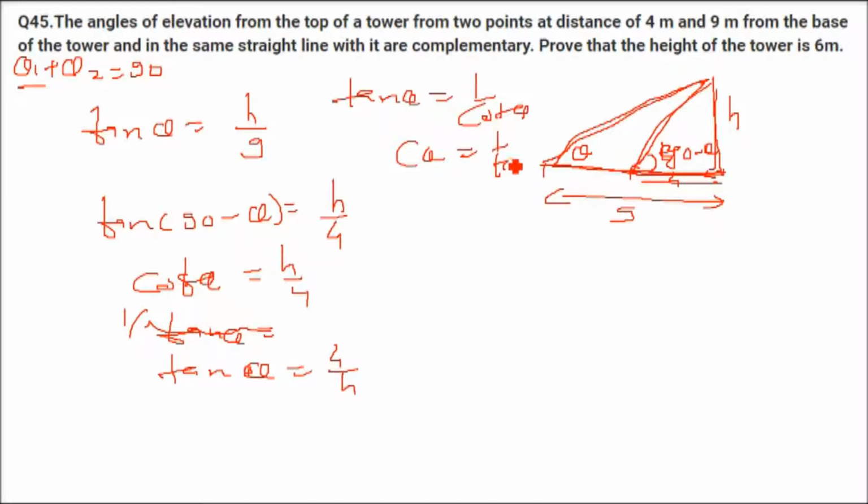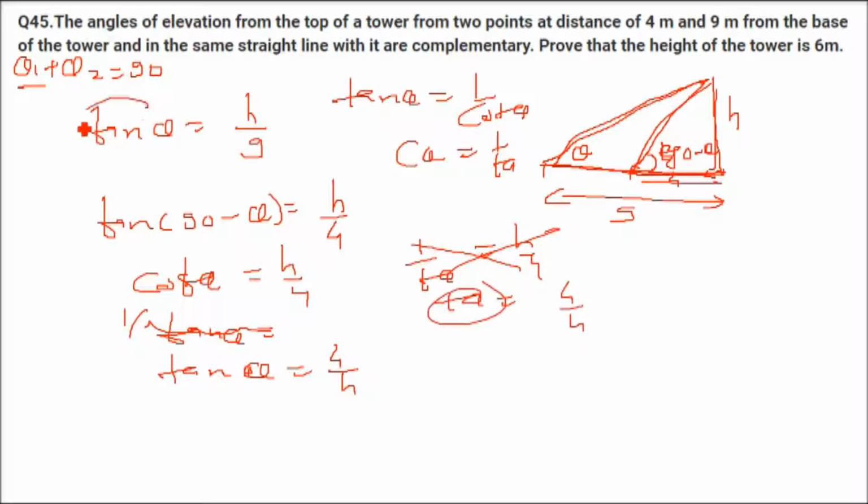So 1 by tan theta equal to h by 4. I'll just change them. So take it here. So tan theta will be equal to 4 by h.